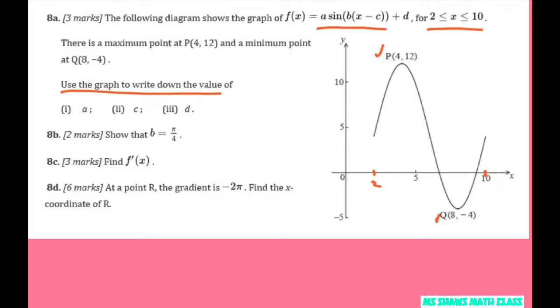So basically, for the first part, we have to find A. Now, A is your amplitude. And if you look at this, this is your center in here. So your amplitude is how far up and how far down you go.